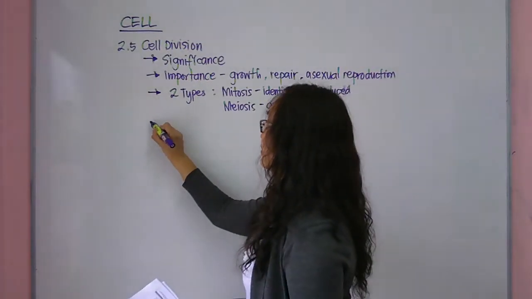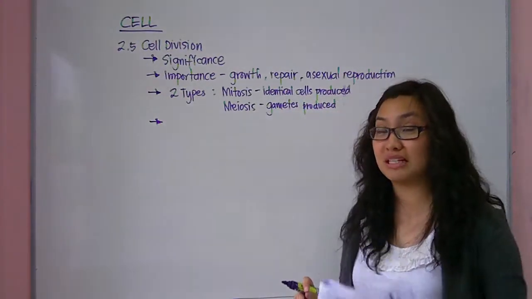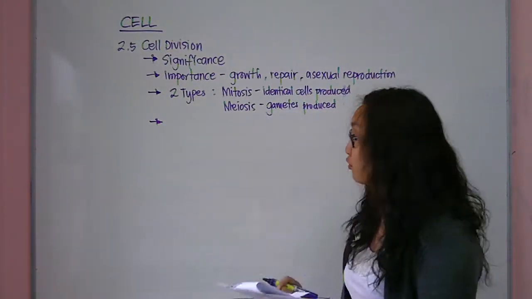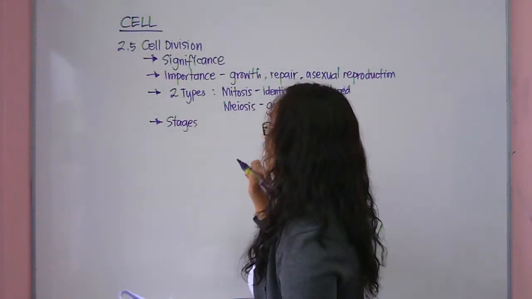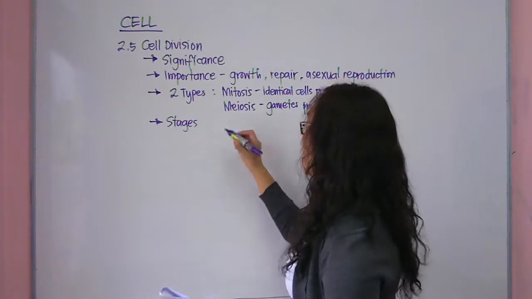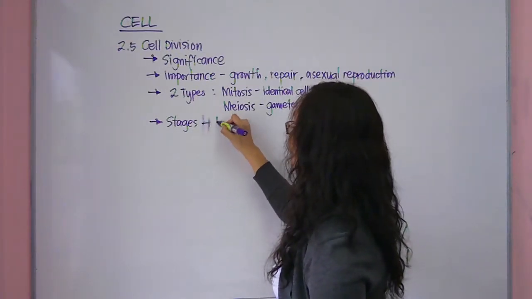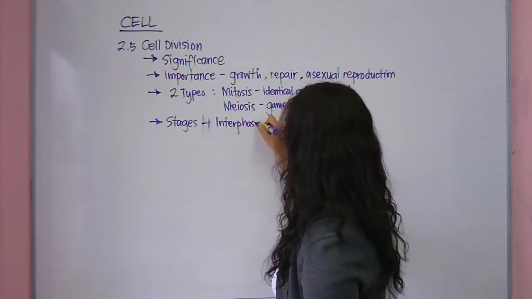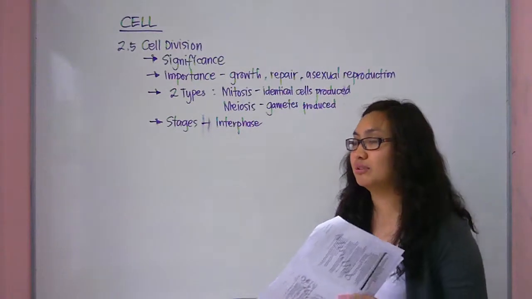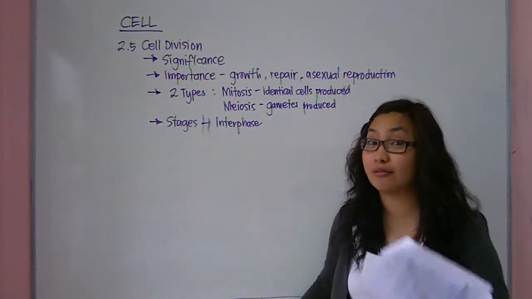Okay, so the other point that needs to be discussed under cell division, of course, are the stages. Under the stages of cell division, we have to include interphase. In the area of interphase, we have to explain to the students that interphase is not a resting stage.